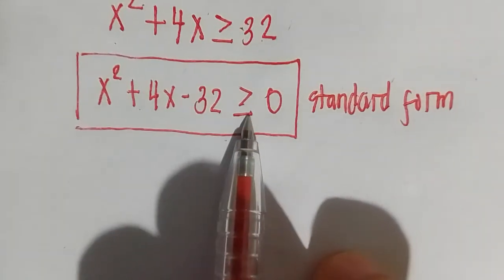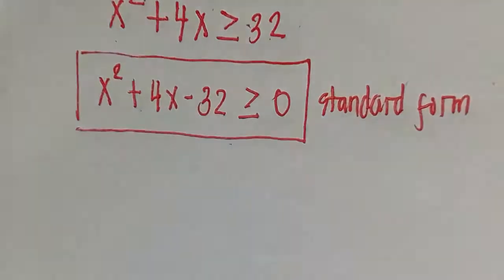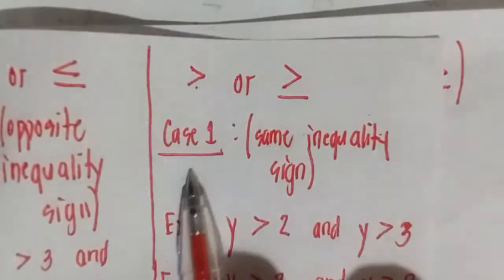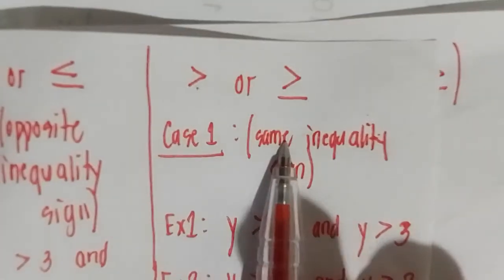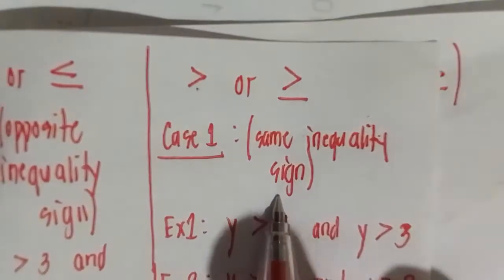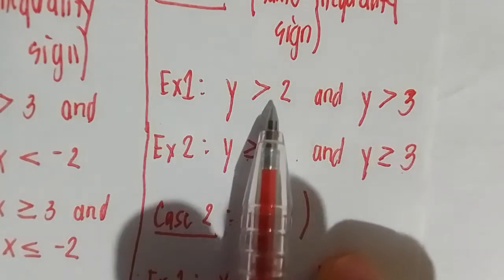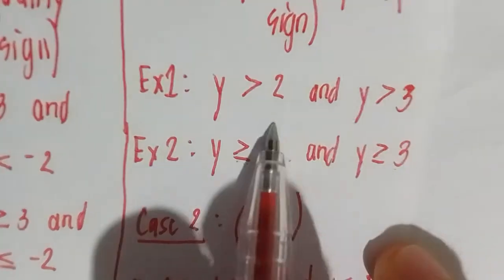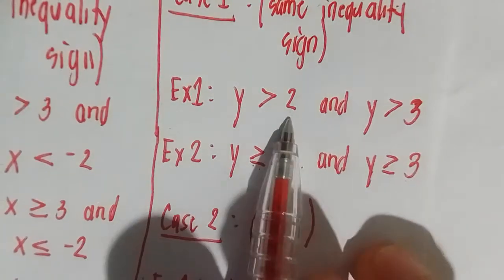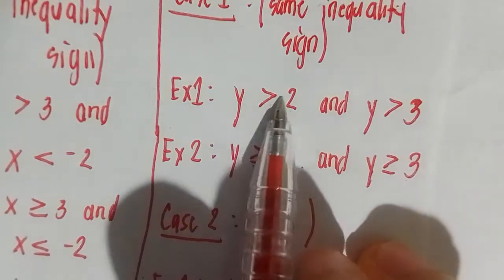So, since the sign is greater than or equal to, for case 1 and case 2 we should use the same inequality sign. Like this. For example, with 2 and 3 as your values or roots, two roots: if you use greater than, its pair should also be greater than.